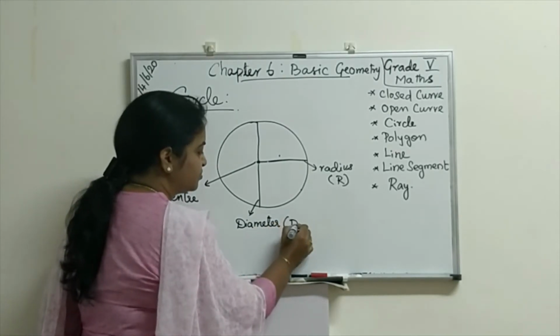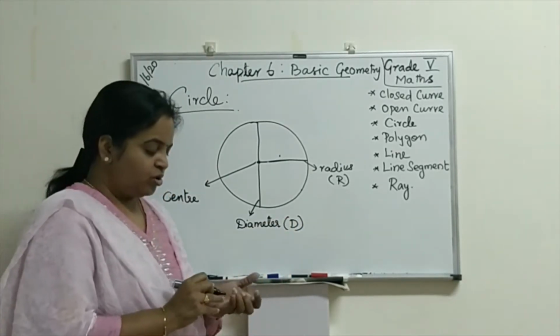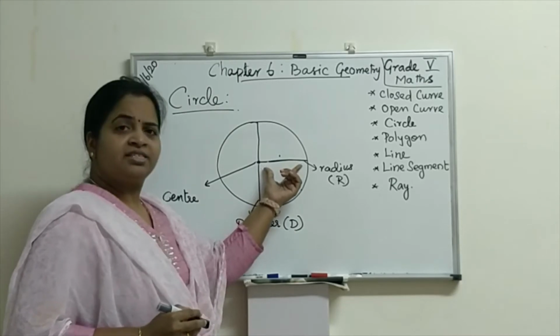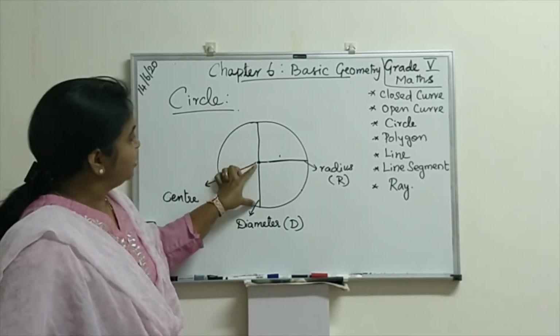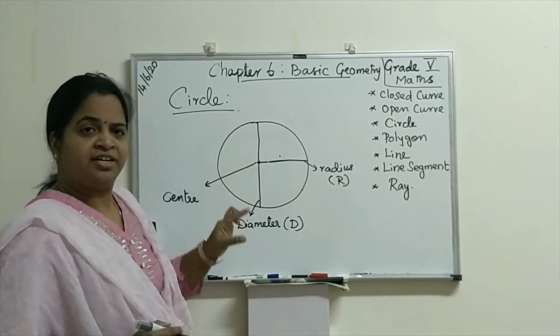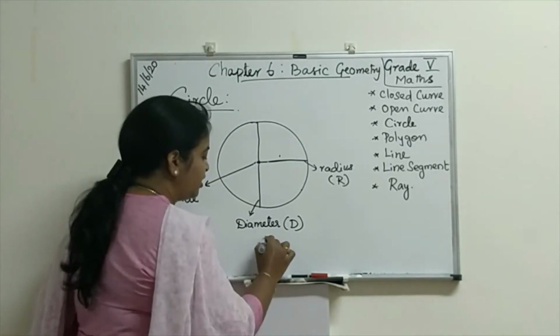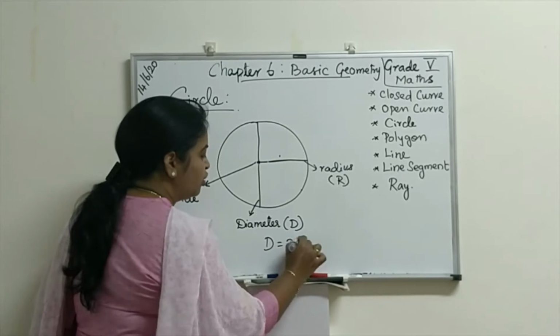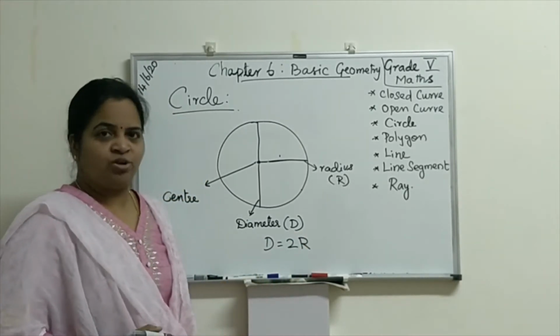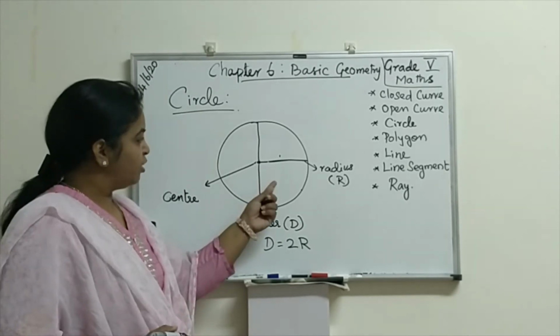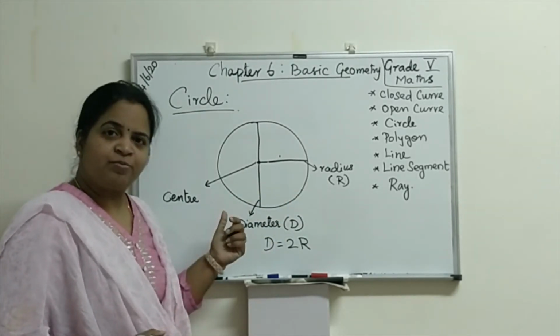D. So, here this is also radius, right? So, one diameter equals 2 radius. 1 radius, 2 radius. So, how will you write? D equals 2R. Okay, you understand this one? What is diameter, what is radius, what is center?